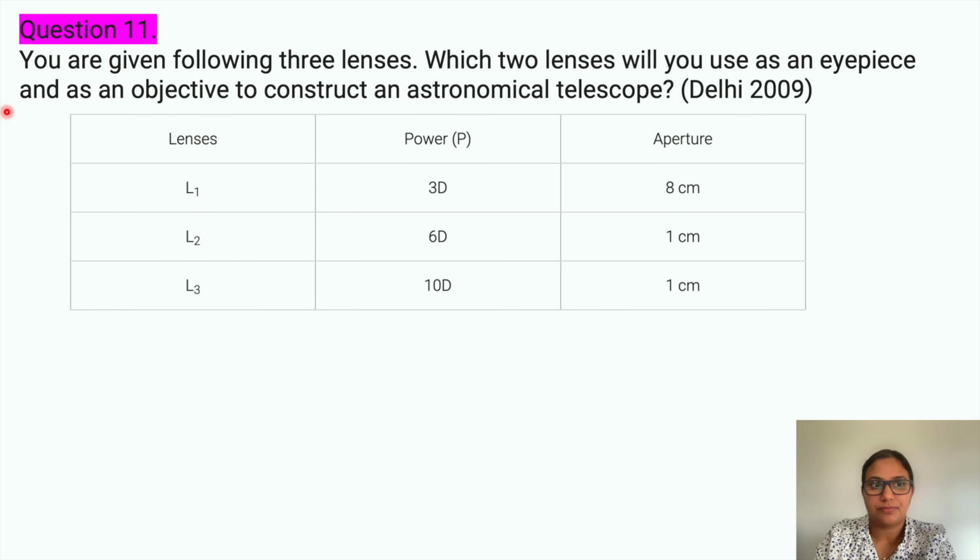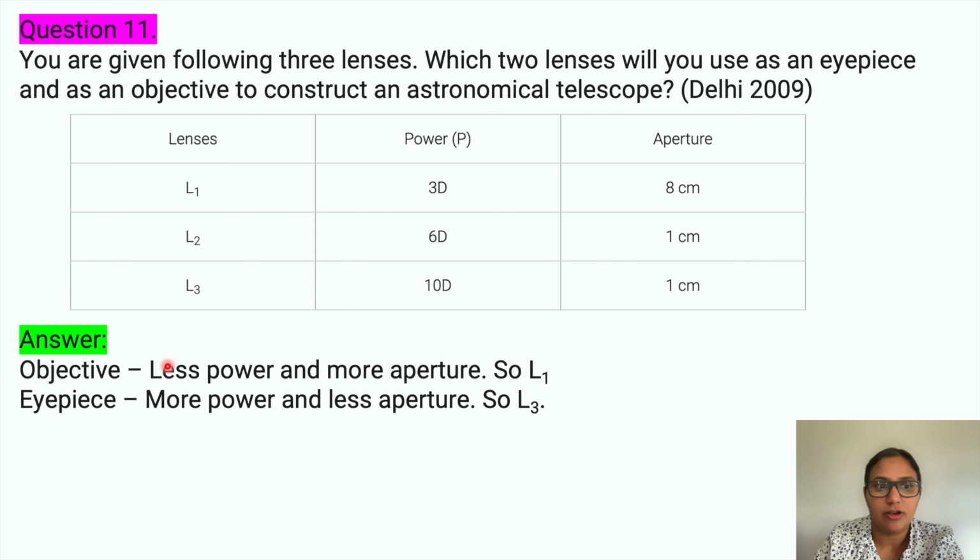Next question. You are given the following three lenses. Which two lenses will you use as an eyepiece and as an objective to construct an astronomical telescope? So L1, L2, L3 are given. Power and aperture are given. Objective has less power and more aperture.